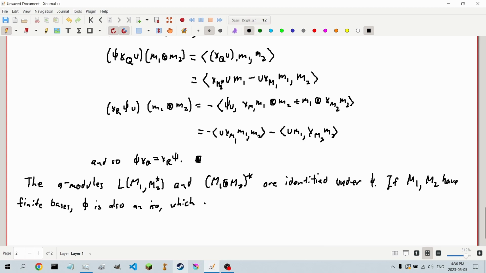And this identifies the dual of M1 tensor M2 and the linear maps from M1 into M2.